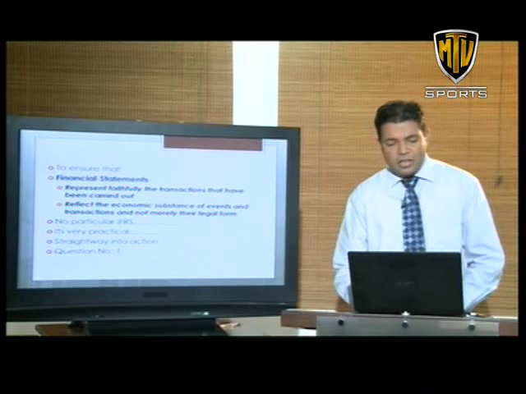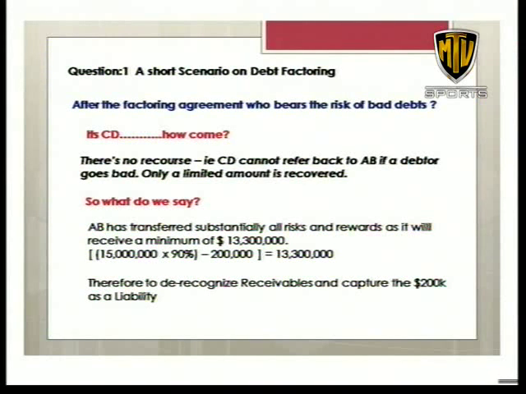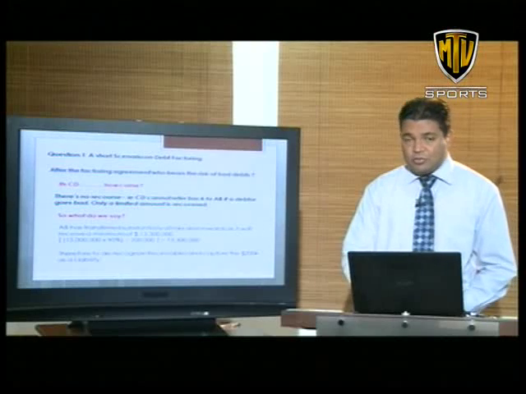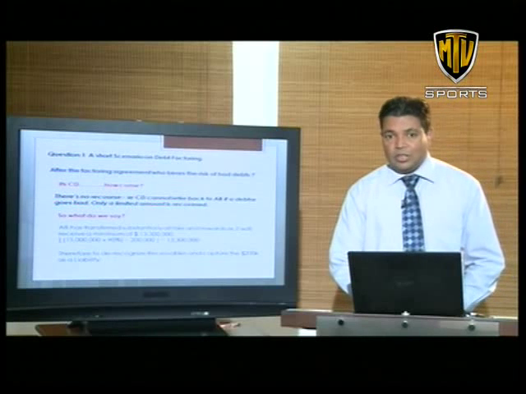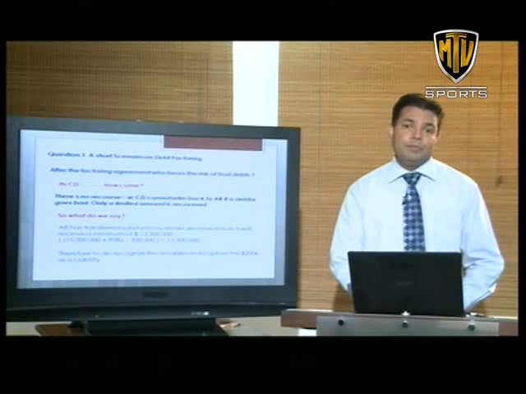Now let's take a few more examples. Let's say we have a debtor's balance, and recovering that is a little difficult. So we hand it over to a factoring company who advances us the money, and thereafter it's up to them to collect the debtors. Now, can we de-recognize the debtors from our books, saying debtors have been collected through the factor by paying a fee?